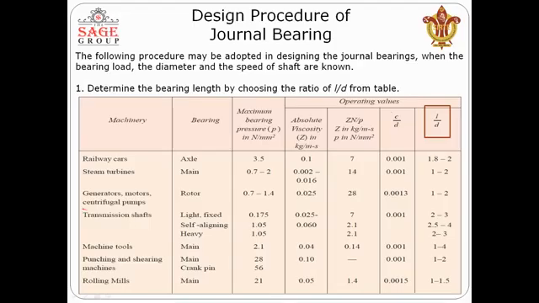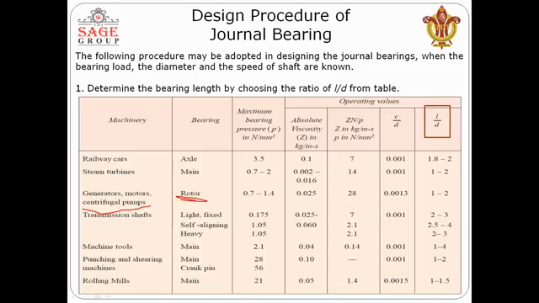I will select the centrifugal pump, and then it is given here that the bearing is for the rotor of the centrifugal pump. So only the rotor is there. If some other components were also there, then we would select one of them. But here only the rotor is given, so we select the rotor.